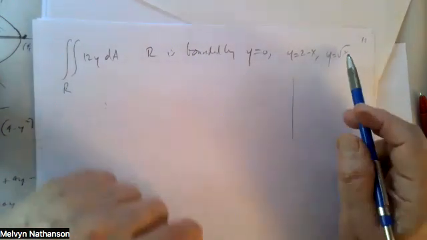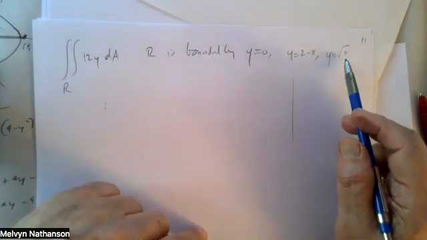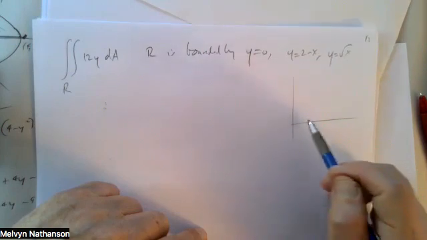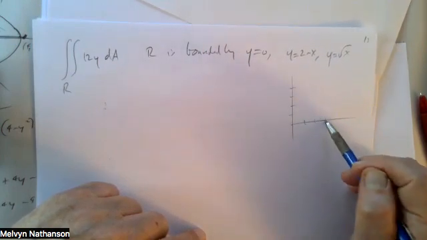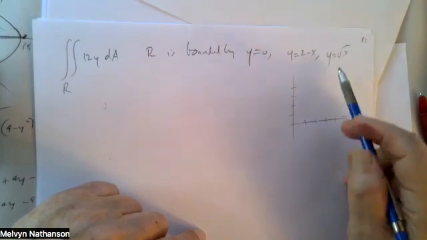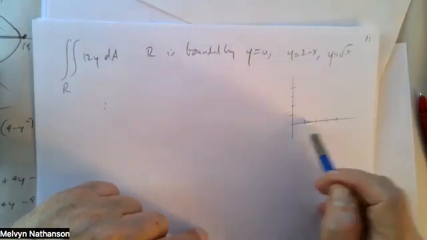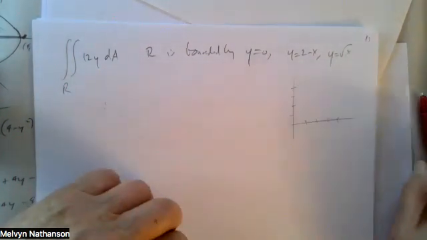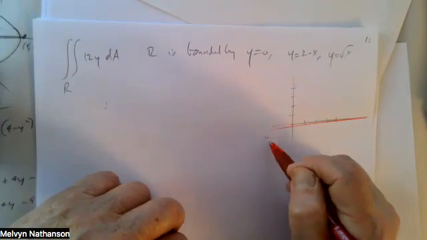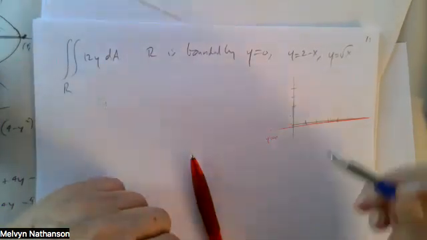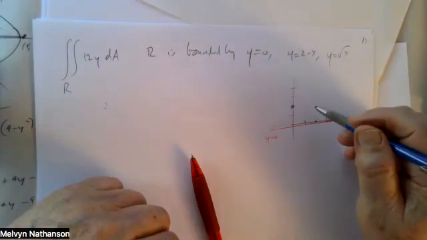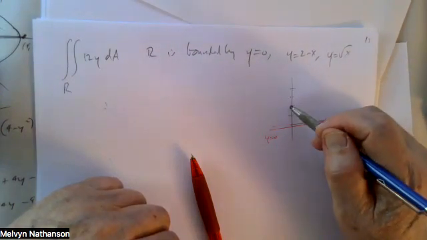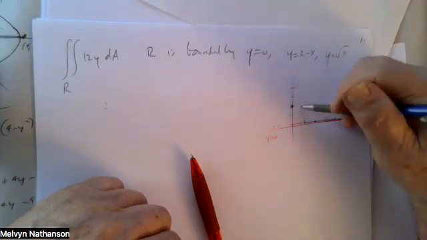Of course, it's only defined for x positive or 0 because of the square root. So when y equals 0, it's just the x-axis. y equals 2 minus x is just the line with y-intercept 2 and slope minus 1.